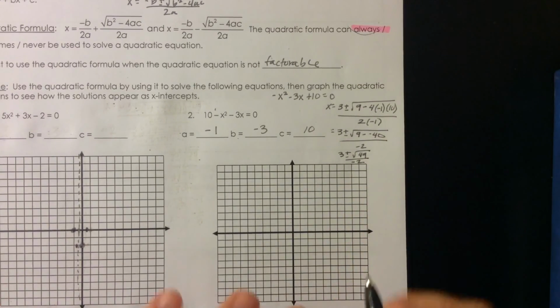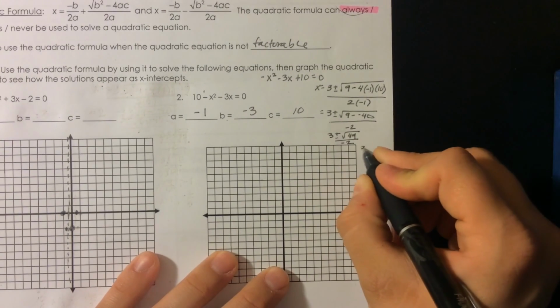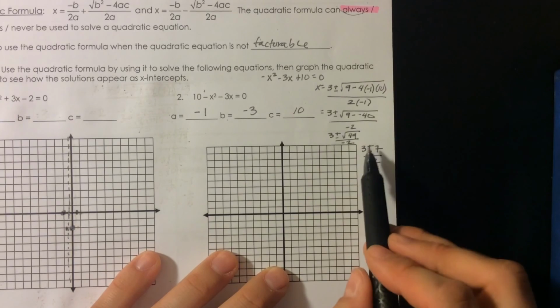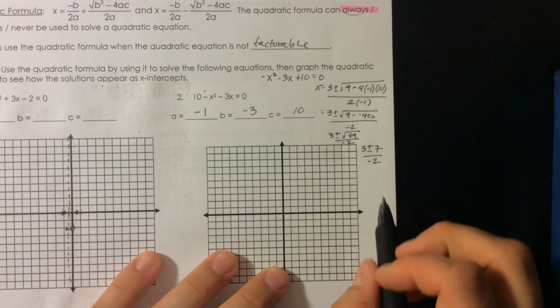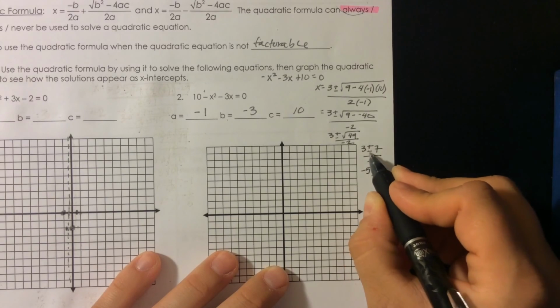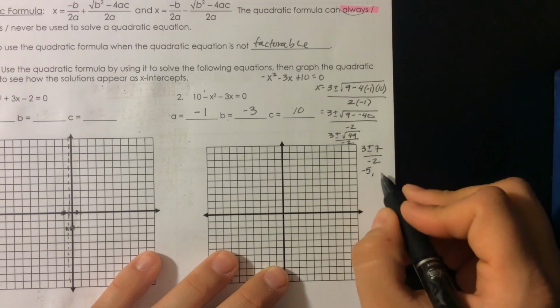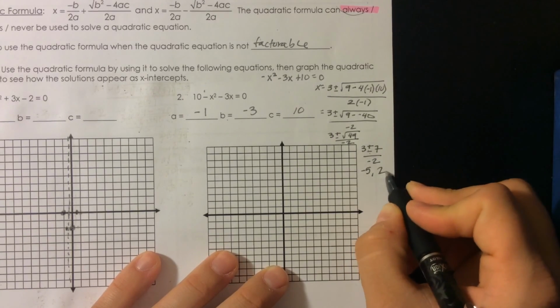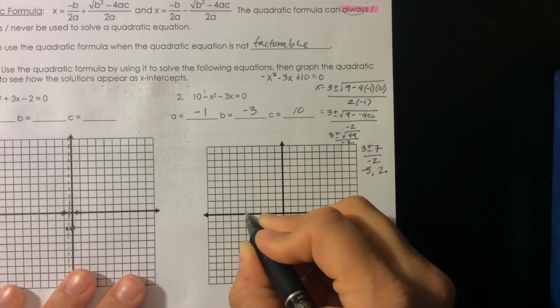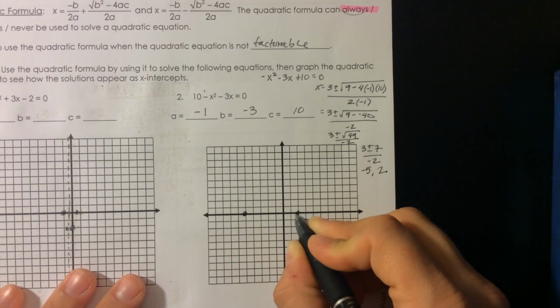The square root of 49 is 7, so 3 plus or minus 7 over negative 2. 3 plus 7 is 10, divided by negative 2 is negative 5, and 3 minus 7 is negative 4, divided by negative 2 is 2. So our x-intercepts are negative 5 and 2.